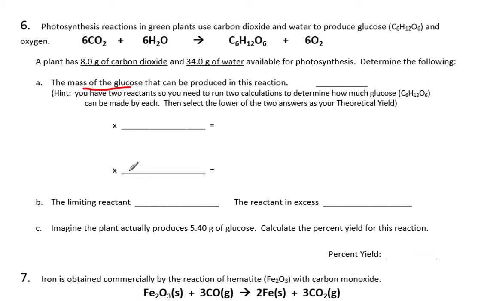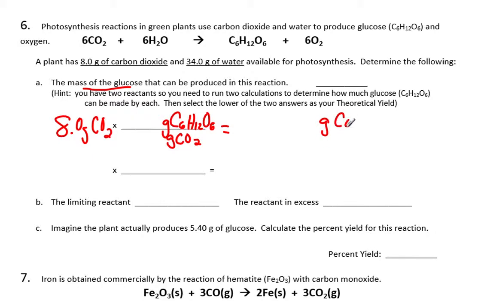So what we're going to do is say we start with 8 grams of CO2. We want grams of CO2 to cancel out, so we put it down there. We want to find out the mass of glucose, so grams of C6H12O6 goes up here. Once we fill in our numbers, we're going to end up with how many grams of C6H12O6 we can make.